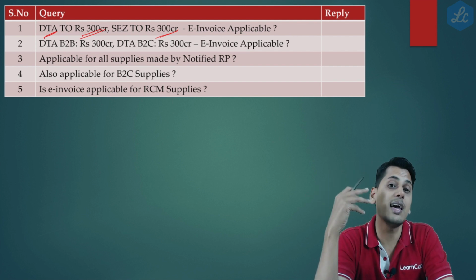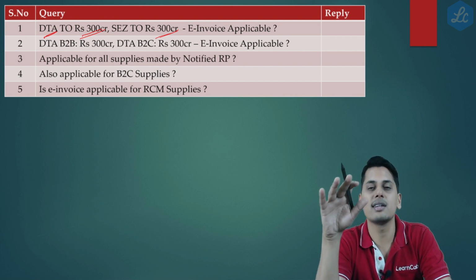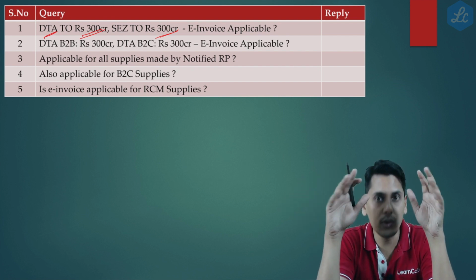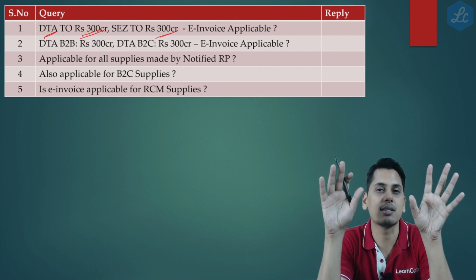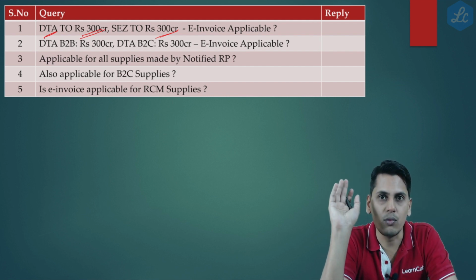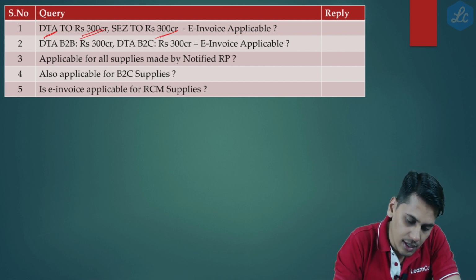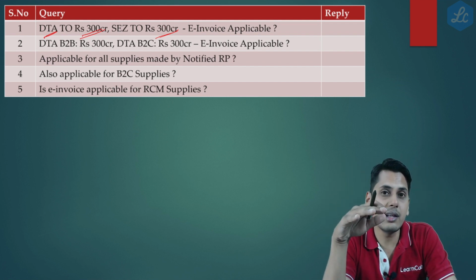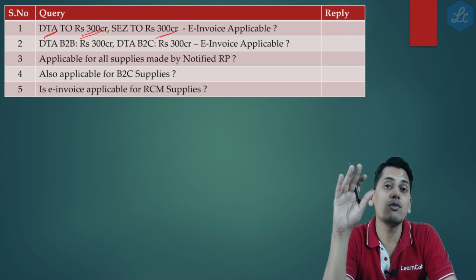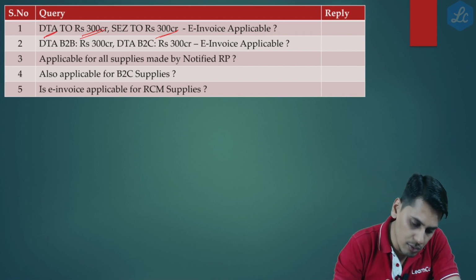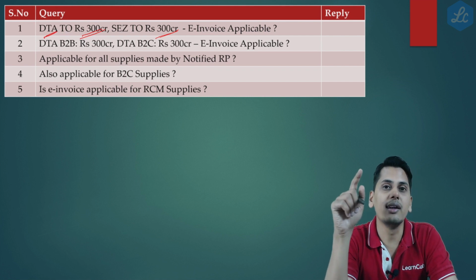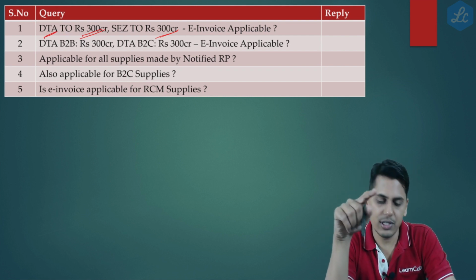However friends, is there any exclusions? The answer is yes, there is an exclusion. Special economic zone unit and those specified suppliers need not prepare an e-invoice. Now friends, in this case, this particular person's aggregate turnover is exceeding 500 crores. E-invoicing provisions are applicable. However friends, this person is having a unit in DTA and also a unit in special economic zone.